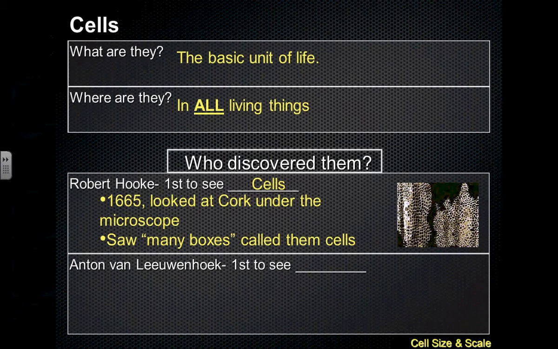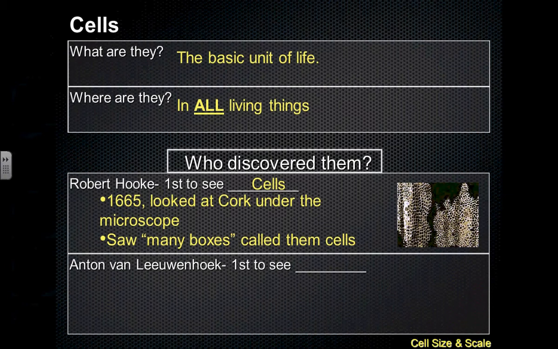Others say it reminded him of the small rooms in a monastery, which were called cells. But he's who we credit with calling these things cells. These are not living. What you're holding there is non-living cells, the remains of a living cell.